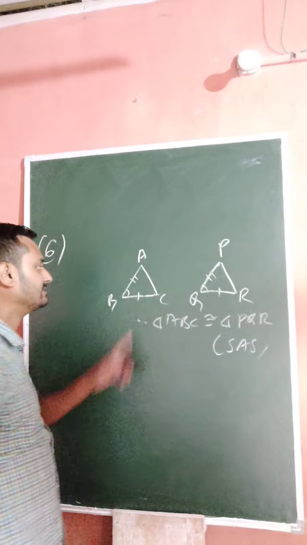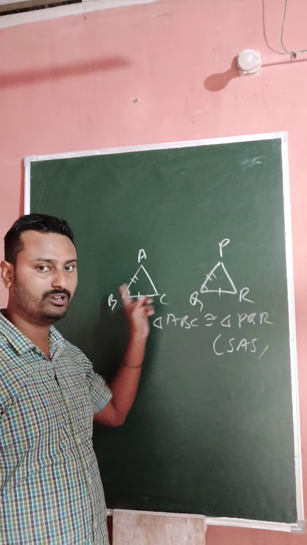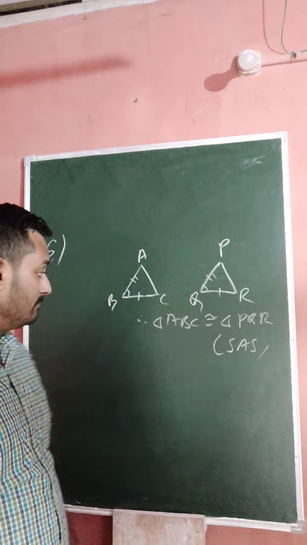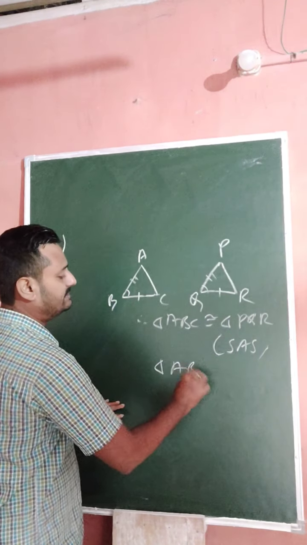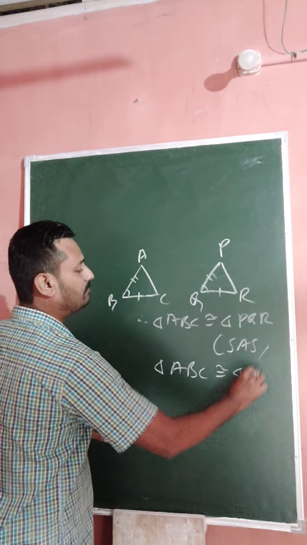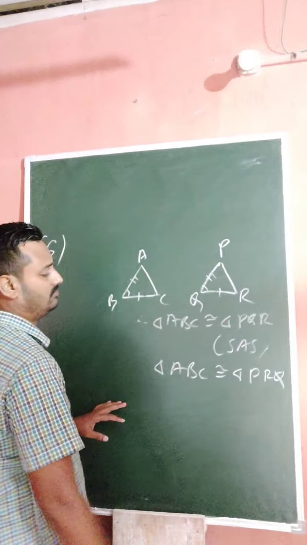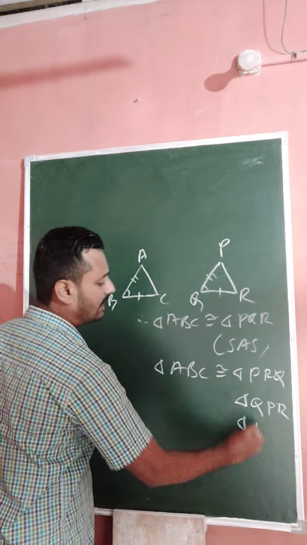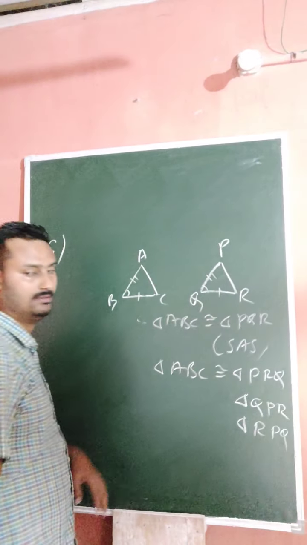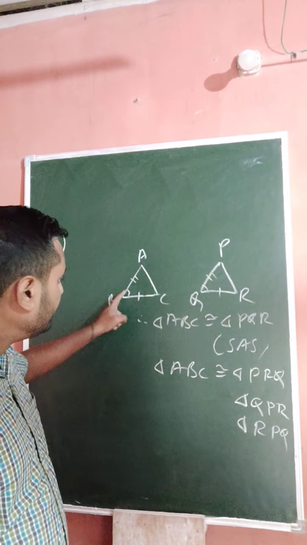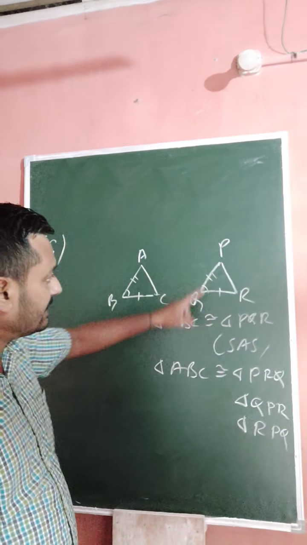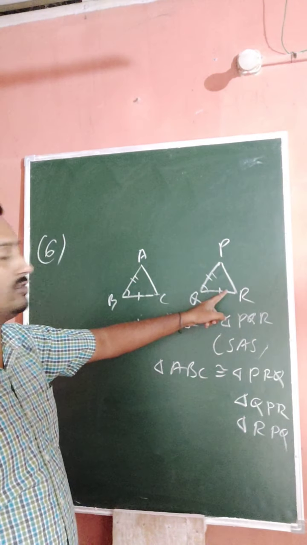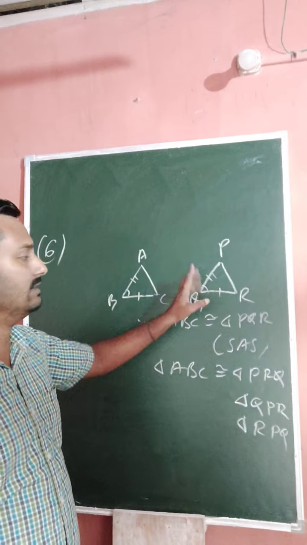Corresponding sides are equal, corresponding angles are equal. But you cannot say that triangle ABC is congruent to triangle PRQ or QPR or RPQ like this. Since you took ABC, you have to take PQR, not PRQ.